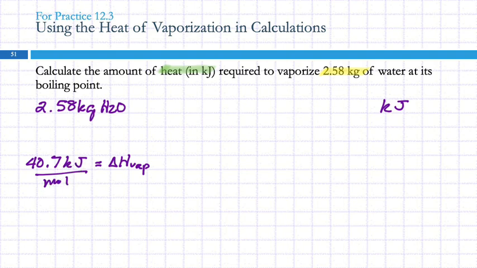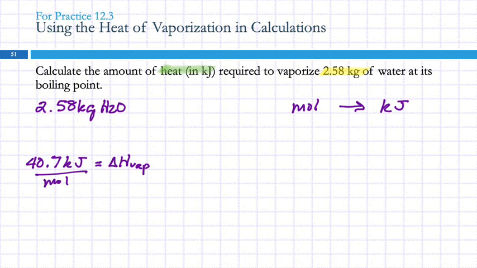If we knew how many moles of water we had, we could use that to convert to kilojoules. How can we get from kilograms of water to moles of water?